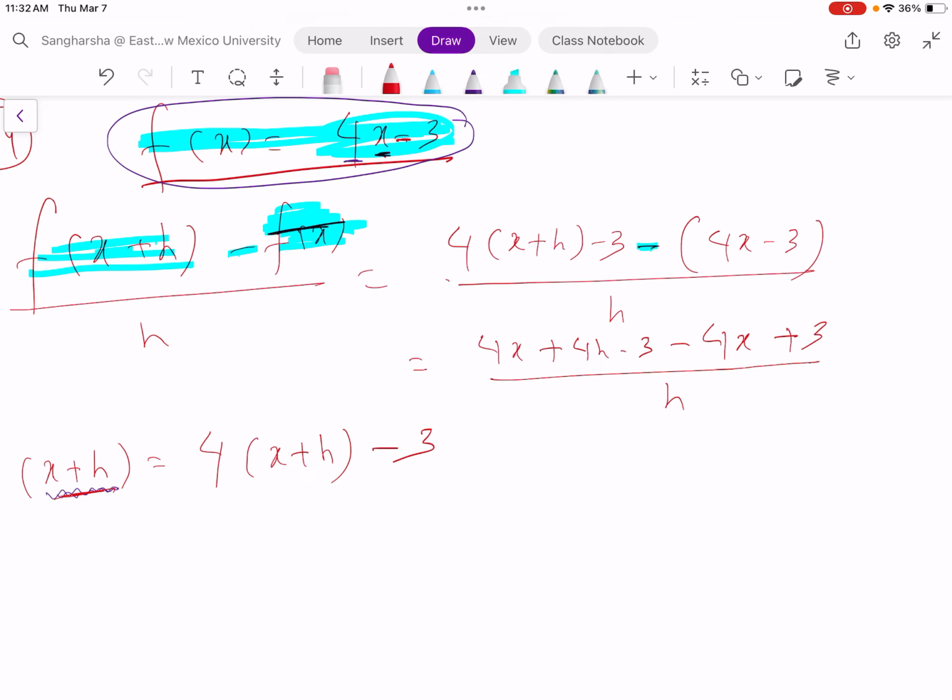So 4x minus 4x is 0, negative 3 plus 3 is 0, and we have 4h divided by h. We can cancel h and h because they are in factor form, and our final answer is 4. So 4 is the final answer for this difference quotient.